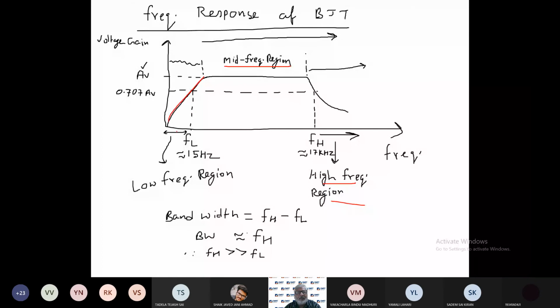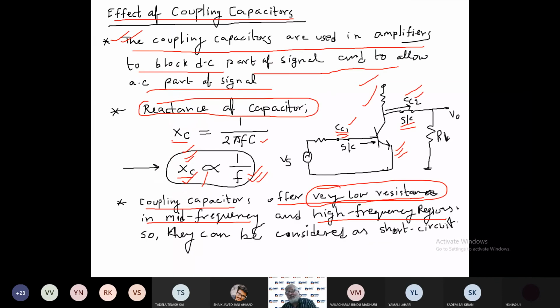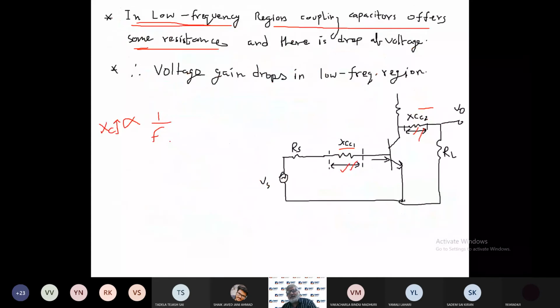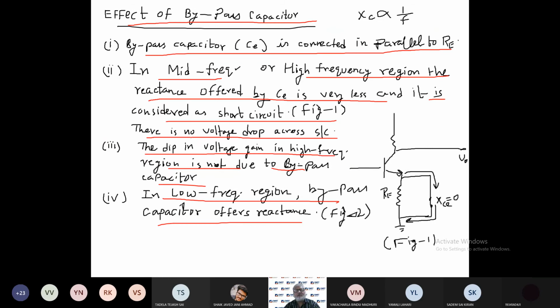Voltage gain is decreasing when you are decreasing the frequency of operation. If you decrease the frequency, the reactance offered by the coupling capacitors will increase, and then there will be more voltage drop across these capacitors, and finally the voltage gain will decrease. So in low frequency region, the decrement in the voltage gain is due to the coupling capacitors and the bypass capacitor.